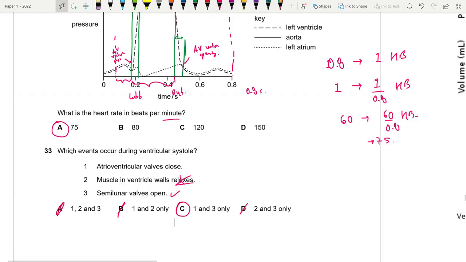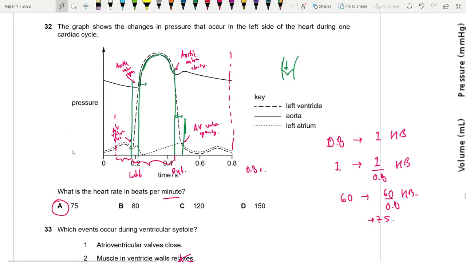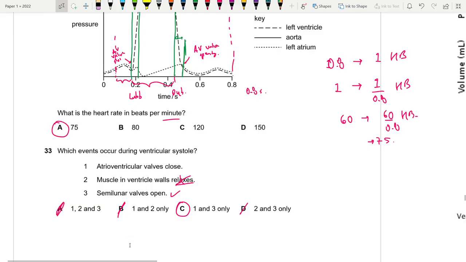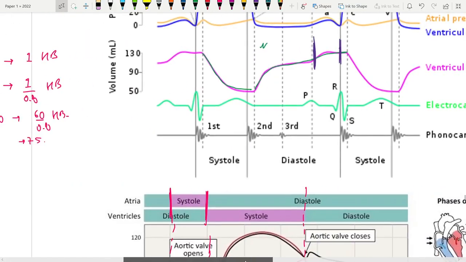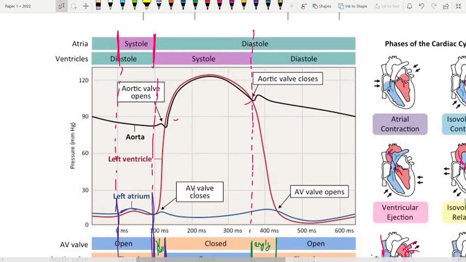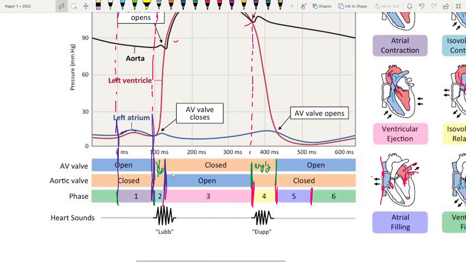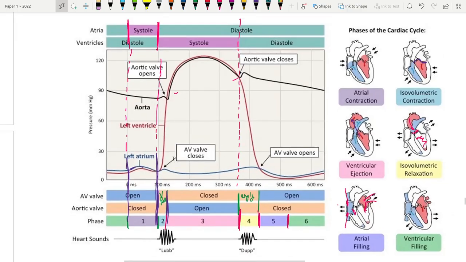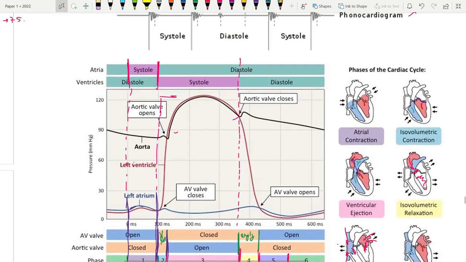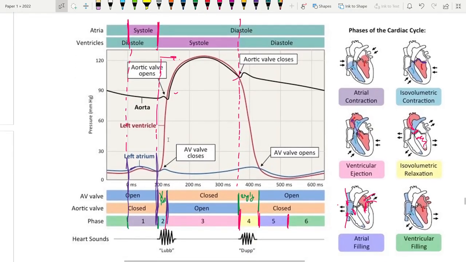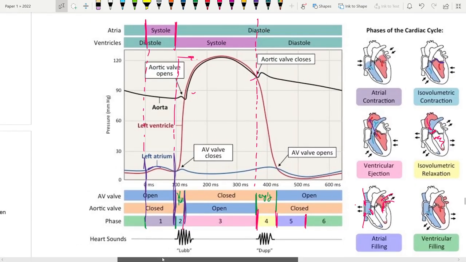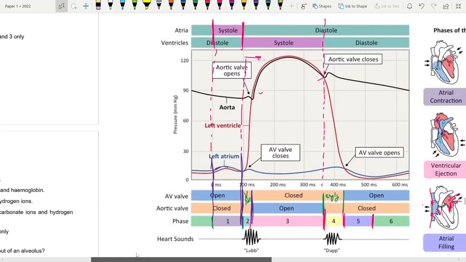So why is 1 right? The atrioventricular valves close. Right. Check this. During ventricular systole, right after systole begins over here, honestly, the semilunar valves will open, or the aortic valves will open, and the atrioventricular valve closes.